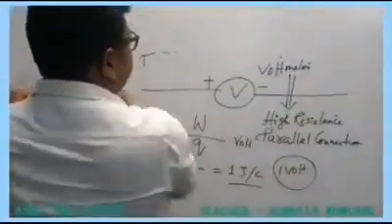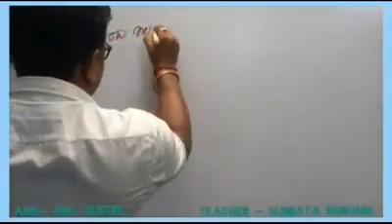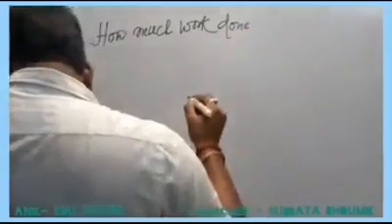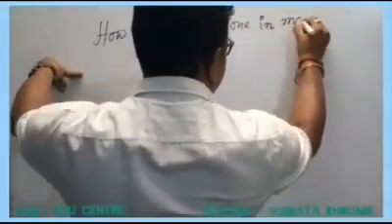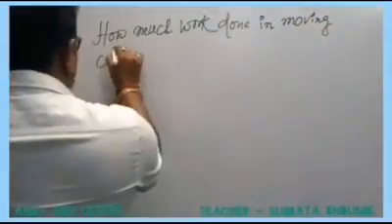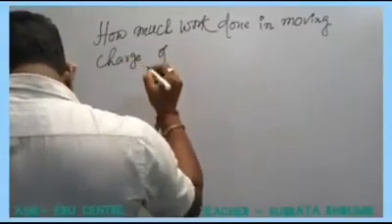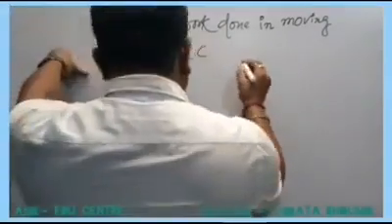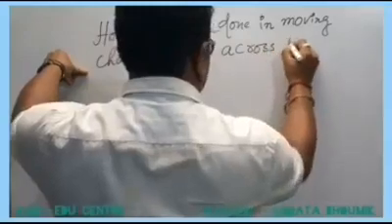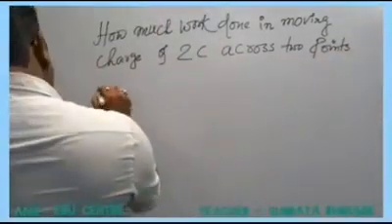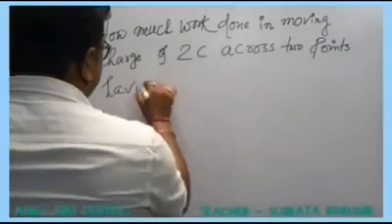Now we have to write one numerical from the NCERT book. Note this down: How much work is done in moving a charge of 2 coulomb across 2 points having a potential difference of 12 volt?